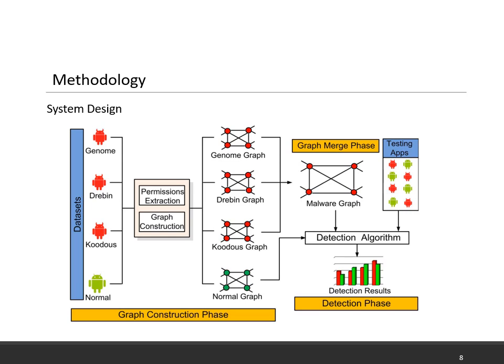The final step consists of two graphs, a normal graph and a malicious graph. Then the subsequent phase proposes a detection algorithm to distinguish normal and malicious apps. The model at the last step should eliminate the irrelevant edges that do not affect the detection result.